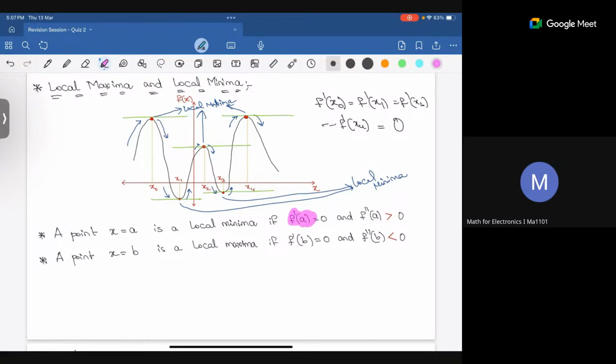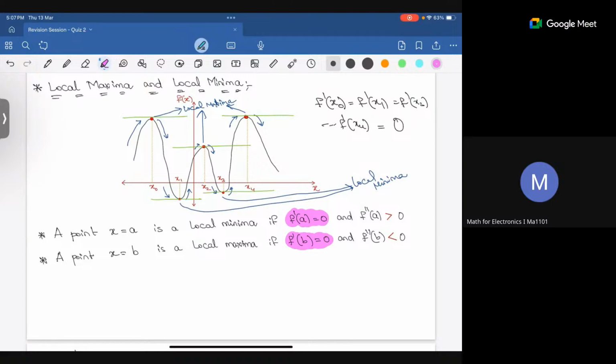The first and foremost condition is that the first derivative should be 0. Once you compute the first derivative and equate it to 0, you will get some points. Those points are your critical points, the special points.